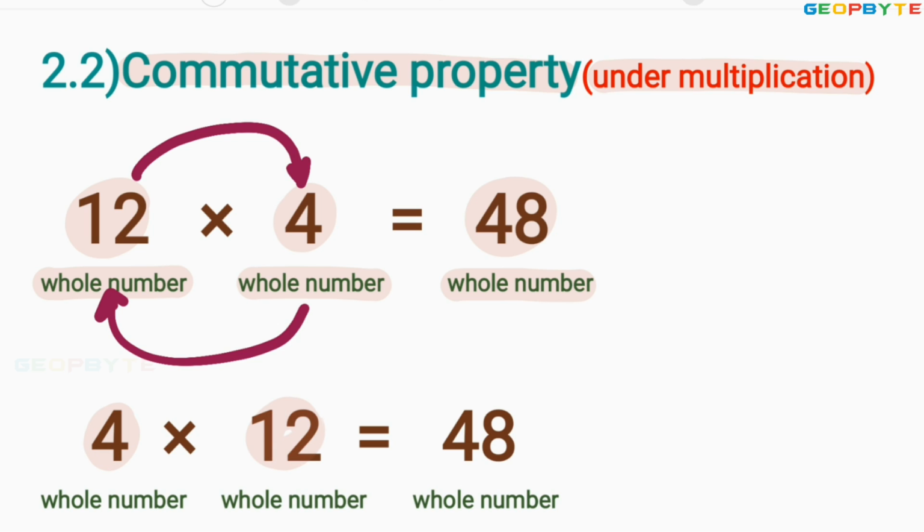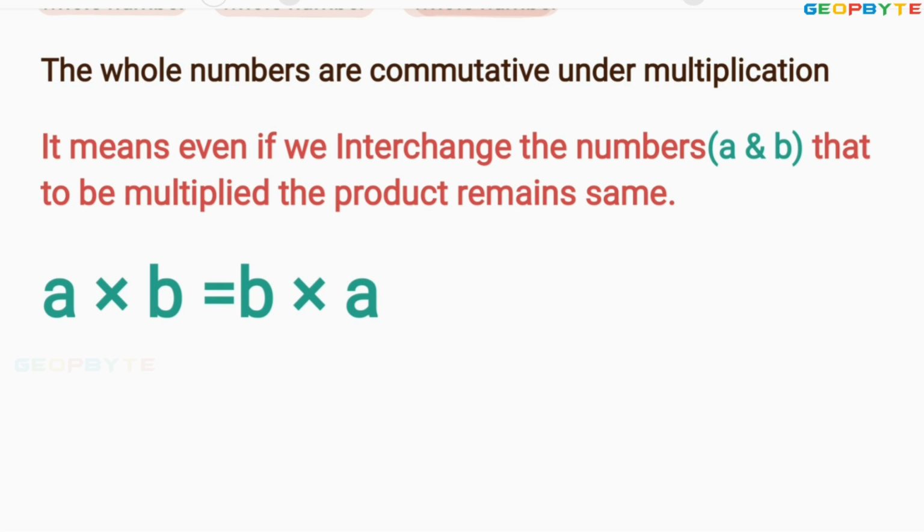4 into 12. It means I have interchanged the 12 and 4. So 4 is a whole number, 12 is also a whole number. The product of two whole numbers is also a whole number. Therefore, the whole number is said to be commutative under multiplication. I hope you clearly understood. The whole numbers are commutative under multiplication.